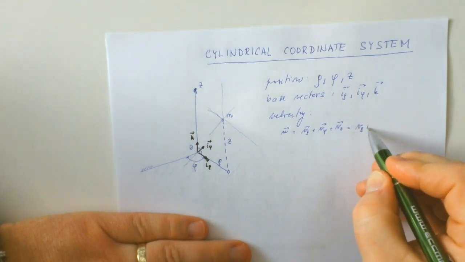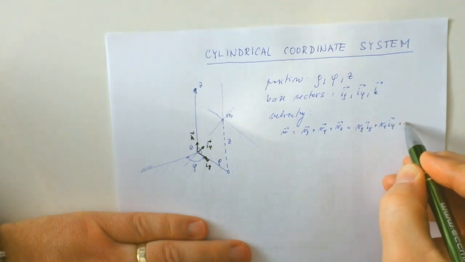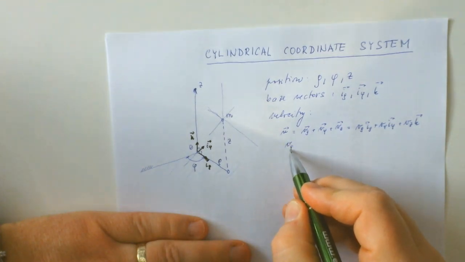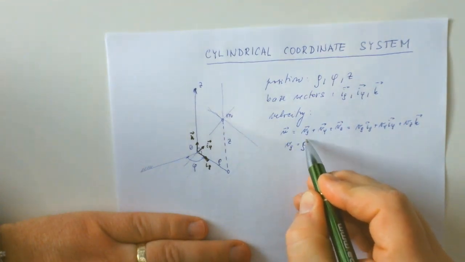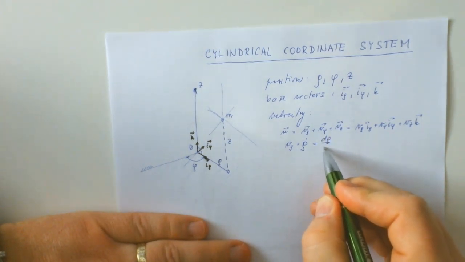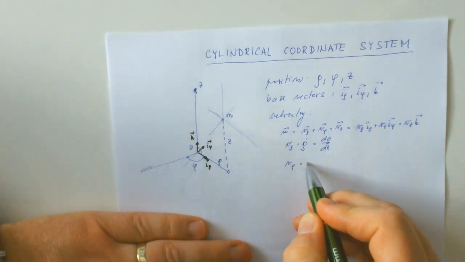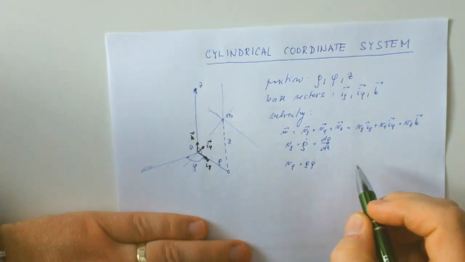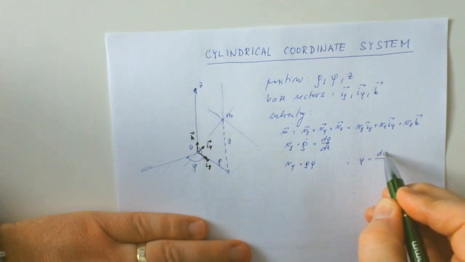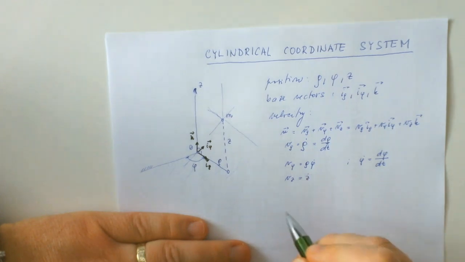So it is v rho I rho plus v phi I phi plus vz k, and these components are defined like this. So v rho is rho with dot, a derivative of rho with respect to time. V phi is rho phi dot, where phi dot is the derivative of phi with respect to time, and vz is z with dot.